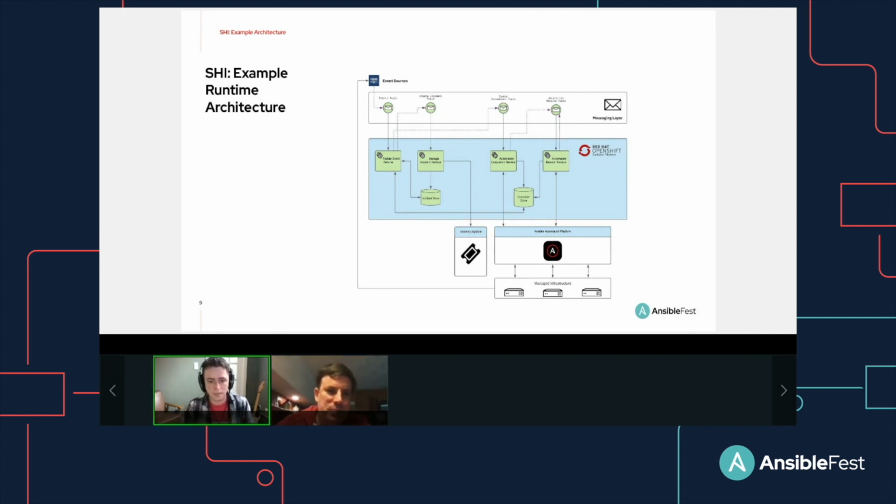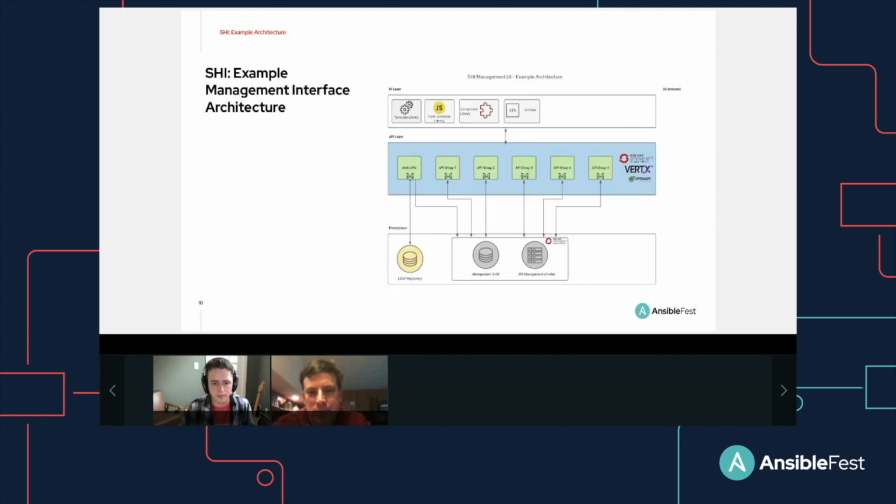Great. So there has to be a management interface to actually handle these rules and actions, correct? There is, yeah. If you go to the next slide here, we're looking at an example for the management interface architecture. There are a bunch of ways to write this as well. But at the end of the day, like Joe was saying, what you really care about is something that allows business users or ops users to modify and manage the rules themselves.